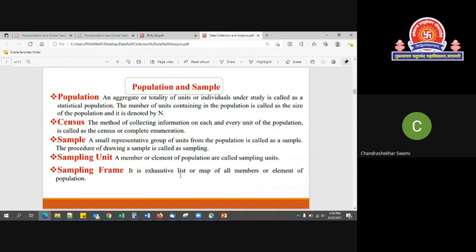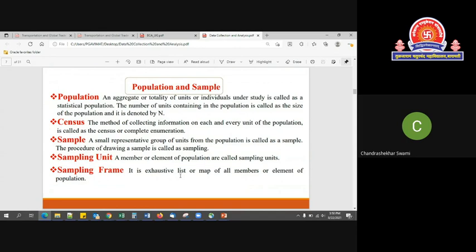Population means an aggregate or totality of units or individuals under study, called a statistical population. The number of units contained in the population is called the size of a population, and it is generally denoted by capital N. What is meant by size? Size means the number of units contained in that population.